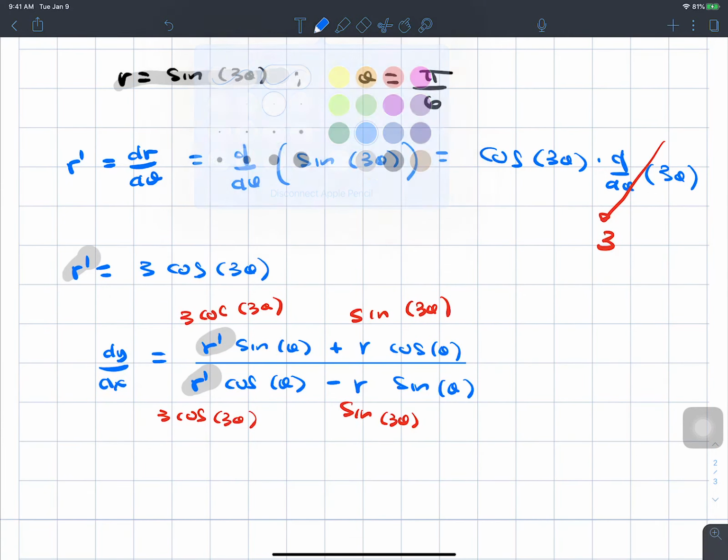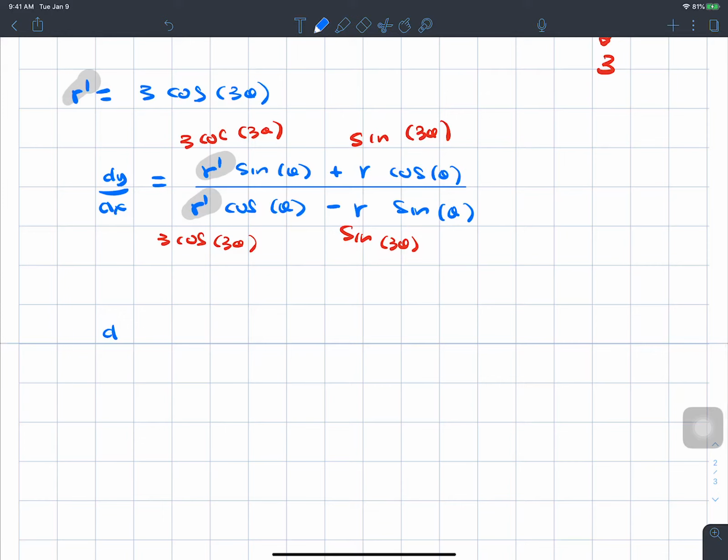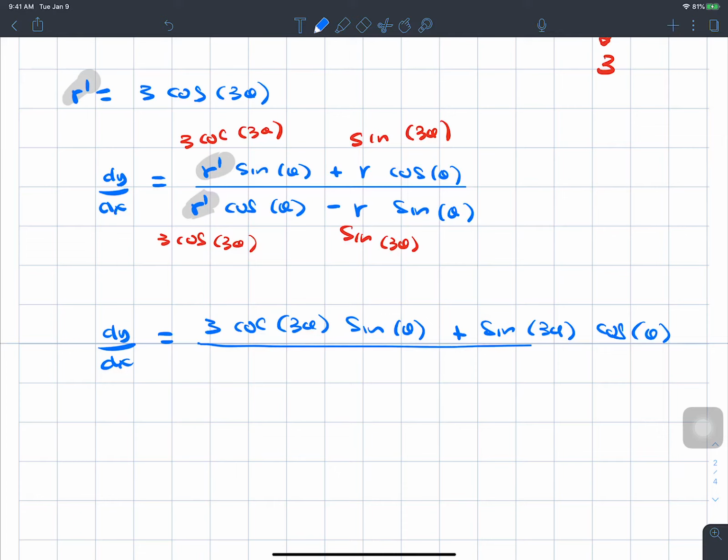Here's what you get all together. dy/dx is 3 cosine 3 theta sine theta plus sine 3 theta cosine theta, over 3 cosine 3 theta times cosine of theta minus sine 3 theta times sine theta.